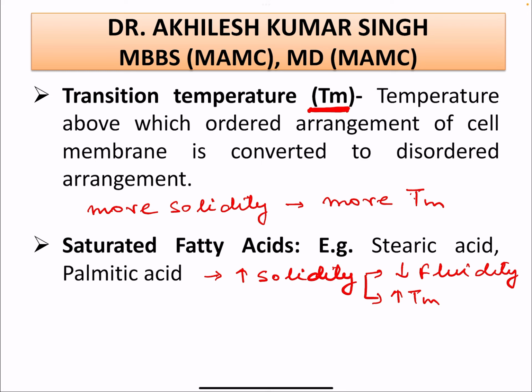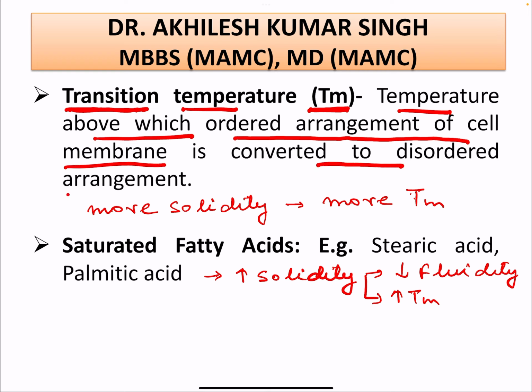Two words are there, transition and temperature. The transition temperature is that temperature above which the ordered arrangement of the cell membrane is converted to a disordered arrangement.